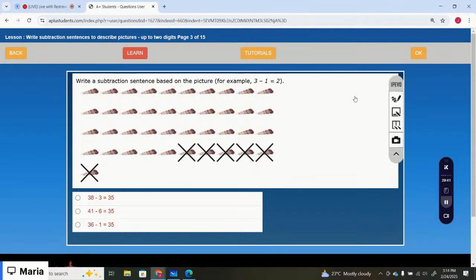That is 41 take away 6, that equals 35. Option number 2 is the correct option.